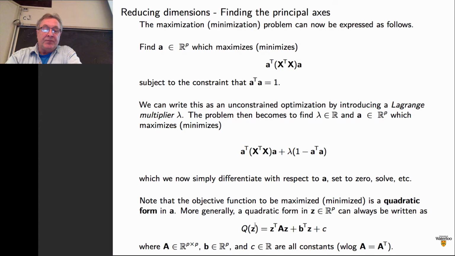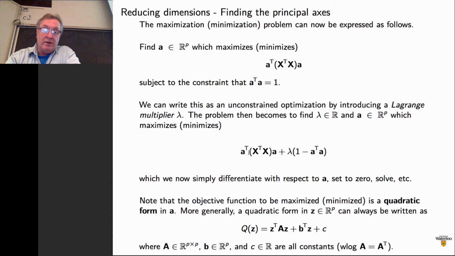So what we have here then is a quadratic form. More generally, it's Z transpose A Z for some symmetric matrix A, and a linear piece. So these are all going to involve Z squareds and Z_i Z_j cross products, and these are just going to involve constant sums of Z_i's. And we need to differentiate that.